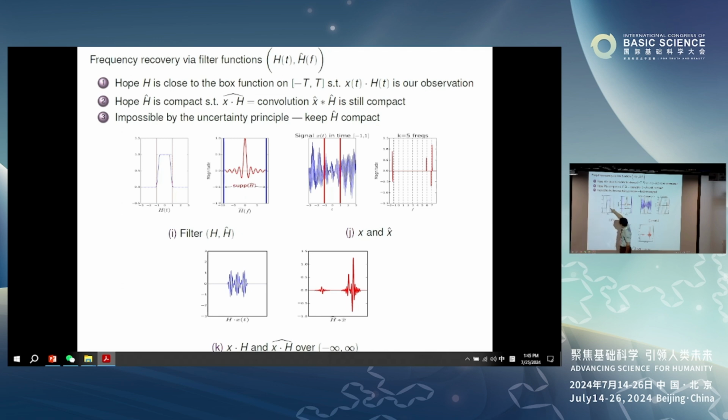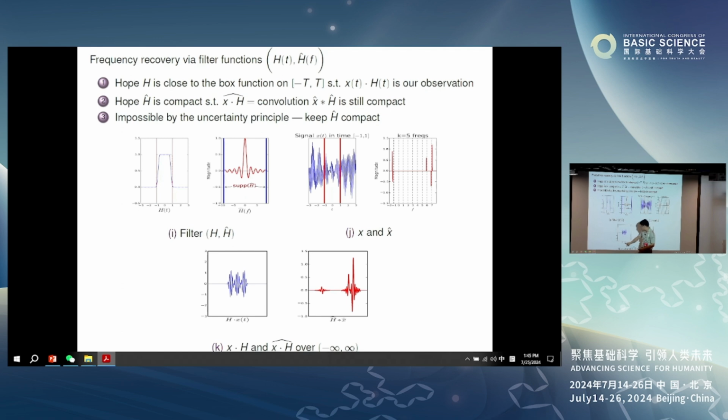So it will have a small tail going outside, but that will be fine. We will give bounds. We will control the growth of x outside of the time window, such that the small tail of h will kill the growth of x outside of the time window.